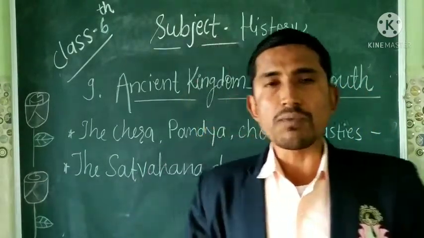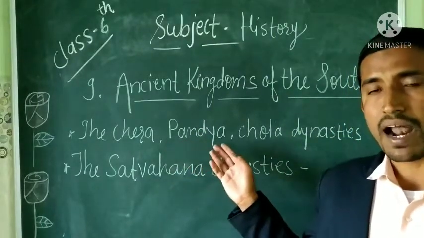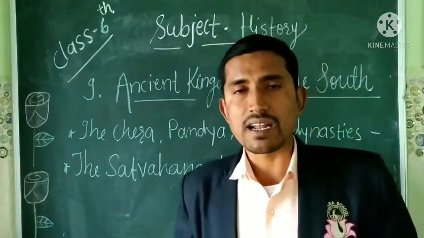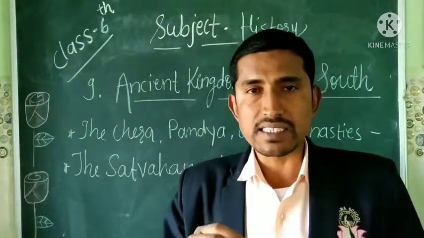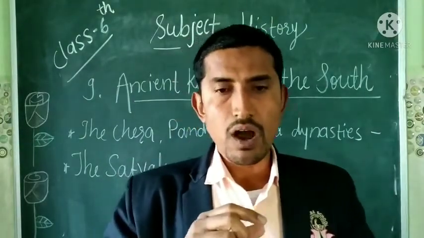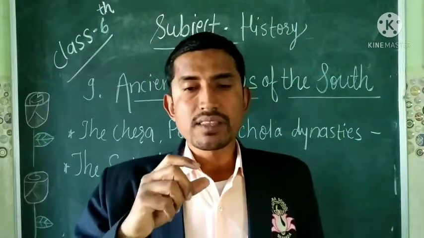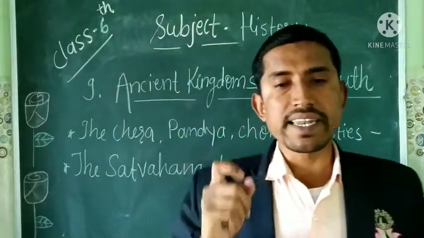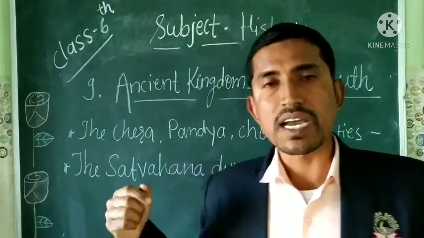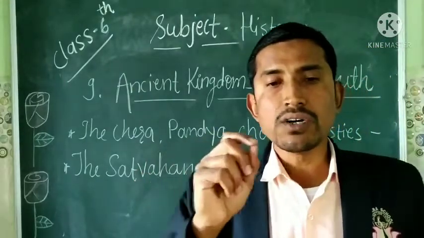So students, first of all we have to learn about the Chera, the Pandya and the Chola dynasties. These are also famous dynasties of ancient times. Of the many dynasties in South India, 3 are mentioned in the literature, and these 3 dynasties, which I told you before, are the Chera, the Pandya and the Chola.